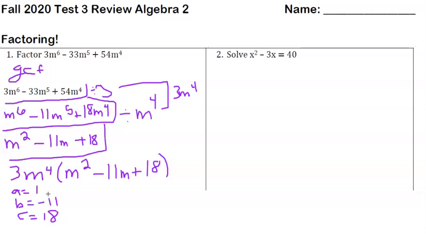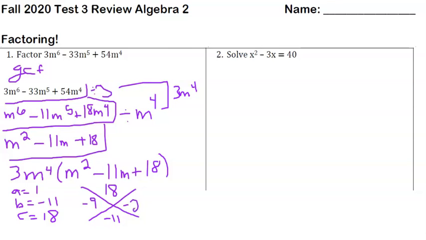Since a is 1, we'll use the x factor method to factor this. So a times c goes at the top, our product is 18. Our sum is b, that's negative 11. We will find 2 factors that multiply to give you 18, and they add to give you negative 11.